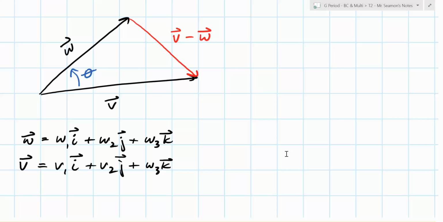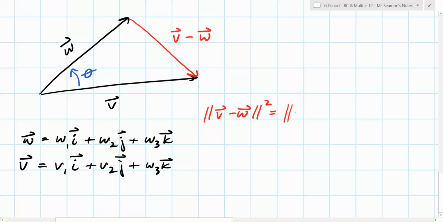Can anybody tell me what the law of cosines will be? Let me start you off first though. I'm going to start with this. If I start you with this as your third side, Cameron, can you tell me what the rest of the law of cosines tells you? It's the other 2 sides, so what are they?